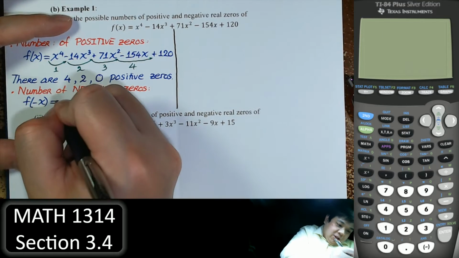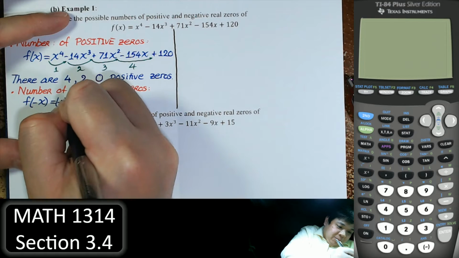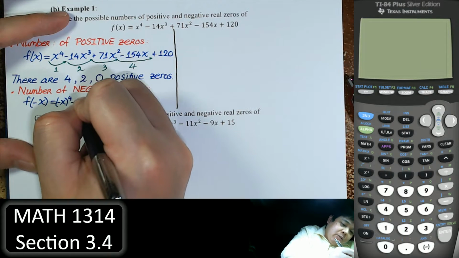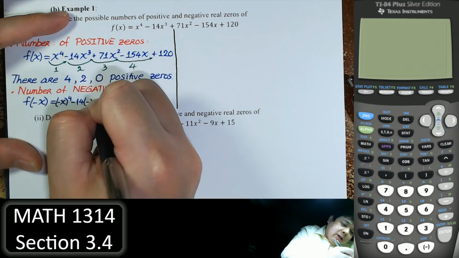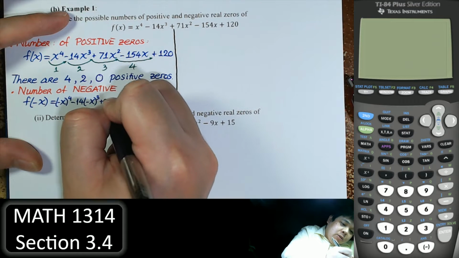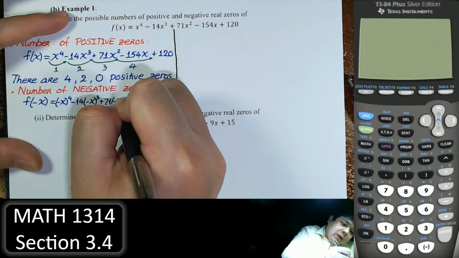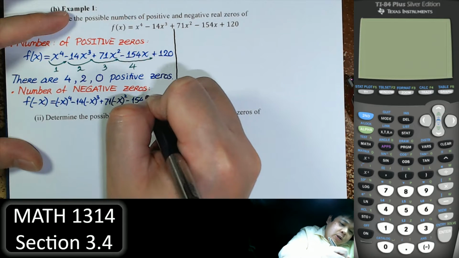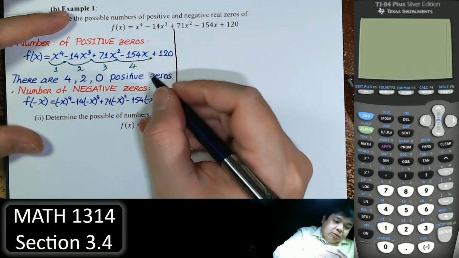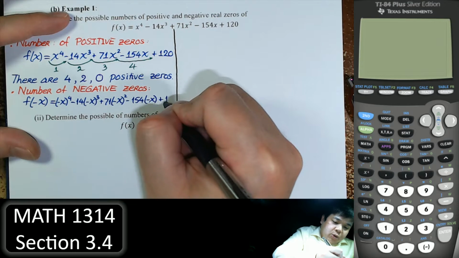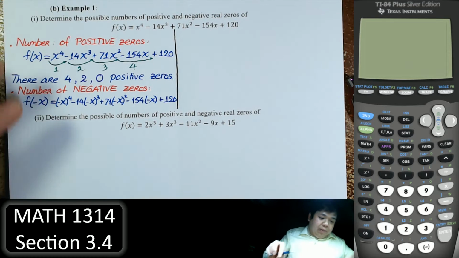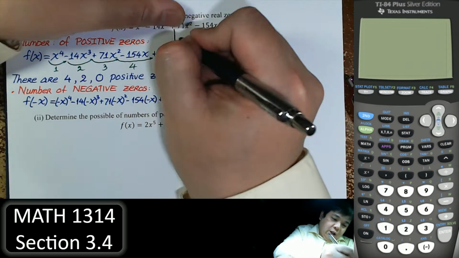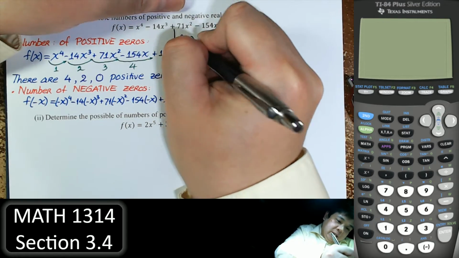Negative x to the 4th minus 14 negative x cubed plus 71 negative x squared minus 154 negative x plus 120.